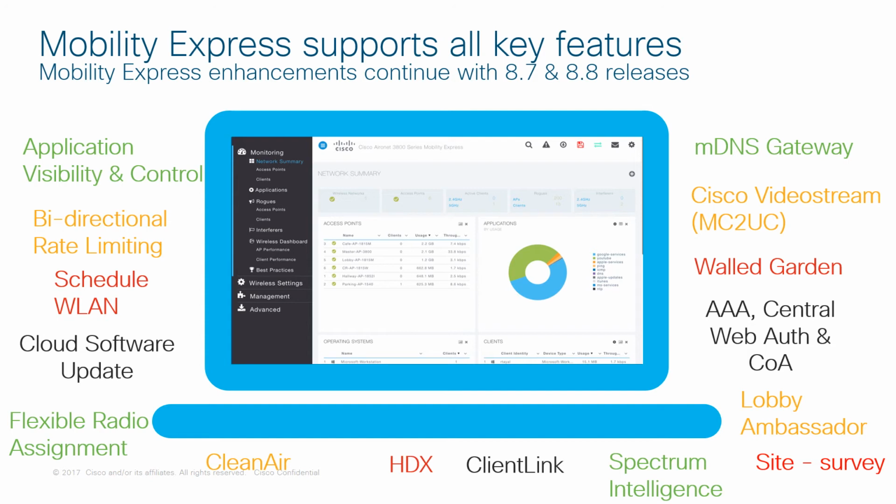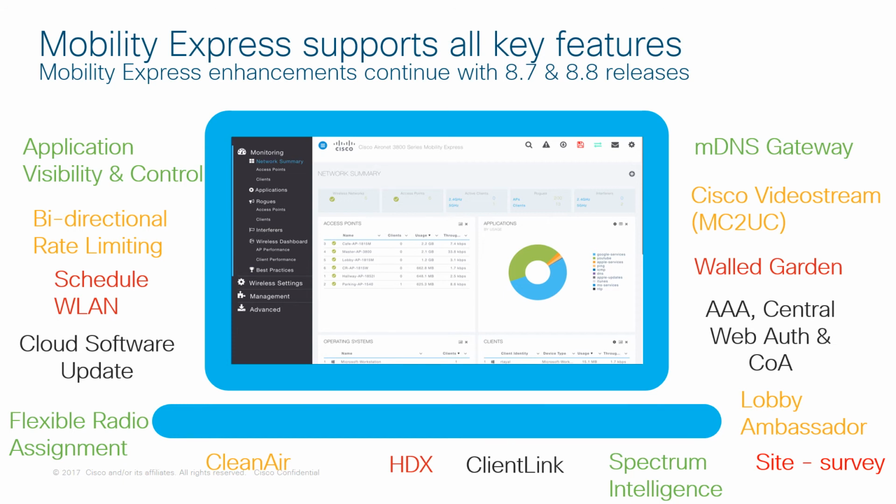With Efficient AP Join, we are eliminating the dependency on external servers to download software when a new AP joins the network. If that same AP is present in the network, the controller provides the software without going over a WAN. This provides a true plug-and-play deployment and simplifies deployments for small and medium businesses.